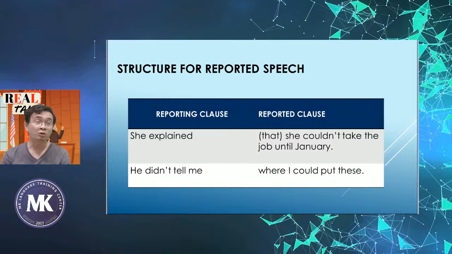The first one we call the reporting clause, and the second part of the sentence we call the reported clause. Remember, a clause is like a sentence that contains both a subject and a verb. So each clause in reported speech has both subject and verb. Keep this structure in mind because it's really important.